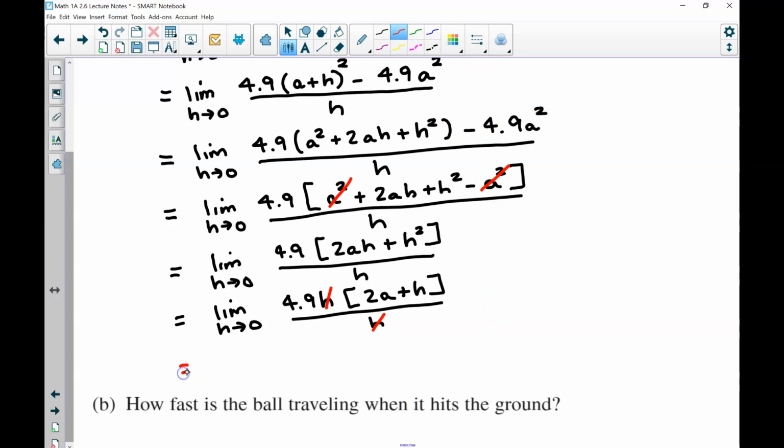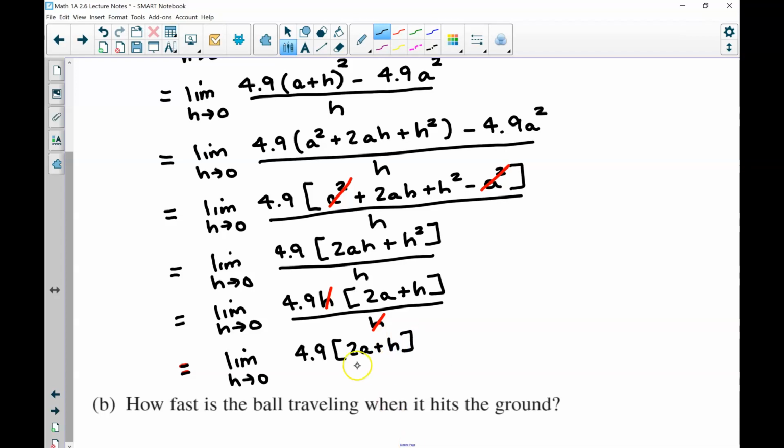And so now what we're left with is the limit as h approaches 0 of 4.9 times 2a plus h.